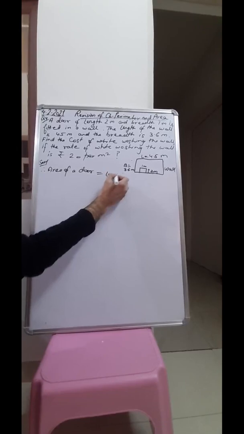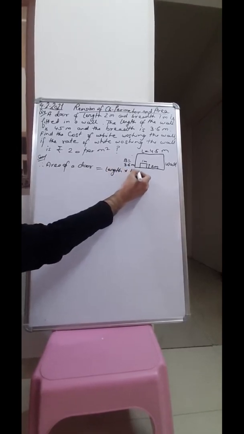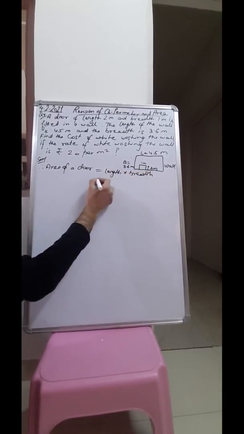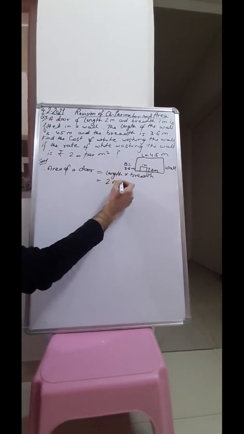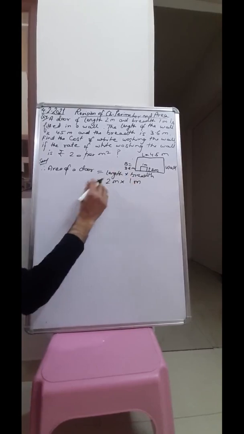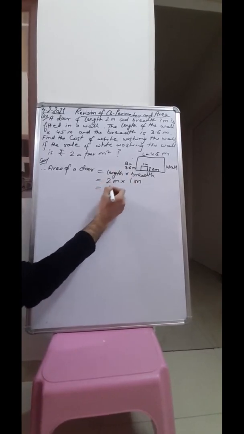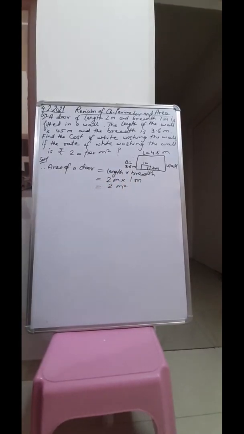The formula will be length multiplied by breadth. The length is 2 meter, breadth is 1 meter. So when you multiply them you will get 2 meter square. So the area of door is 2 meter square.